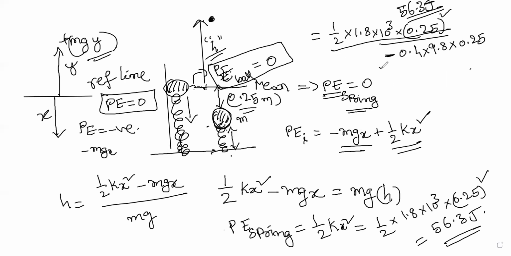So whole divided by mg, where mass is 0.4 into g is 9.8. When you do the calculation, you will get about 14.1 meters. Just check it, 14.1 meters approximately. So this is what the calculations give.